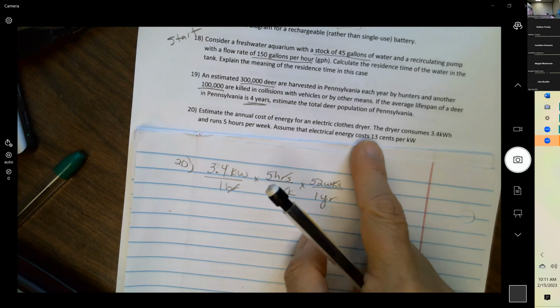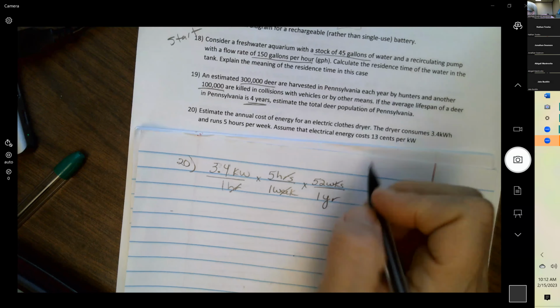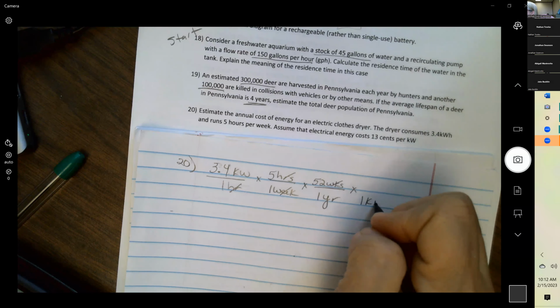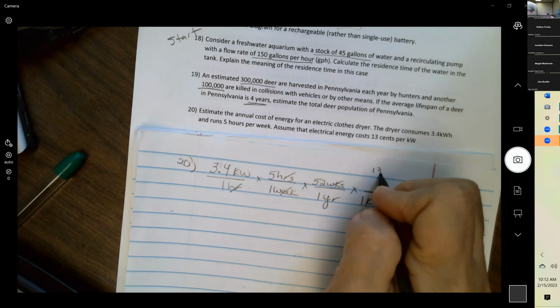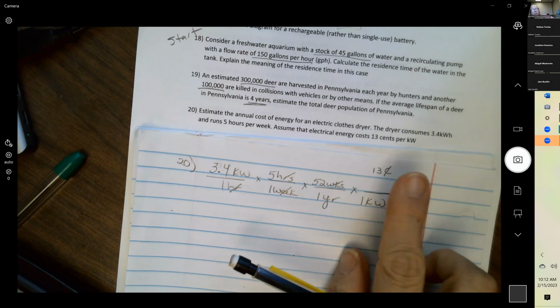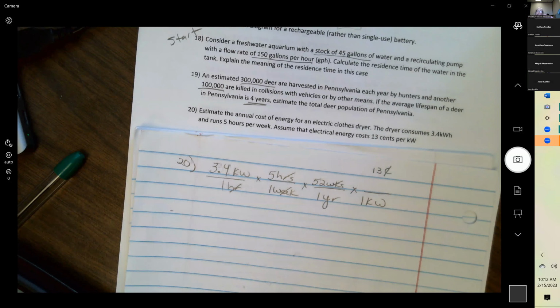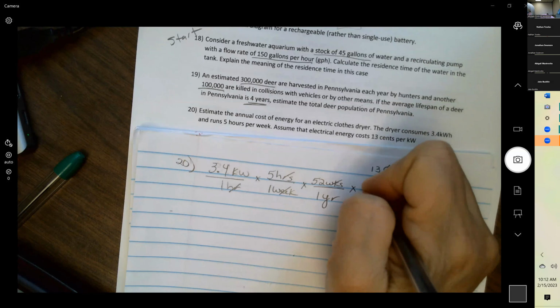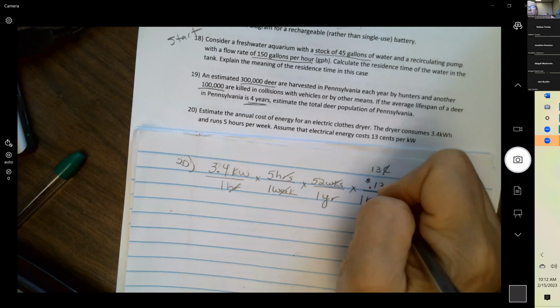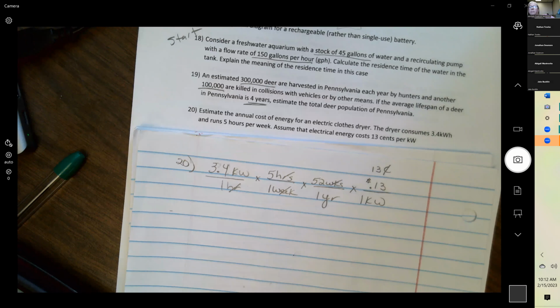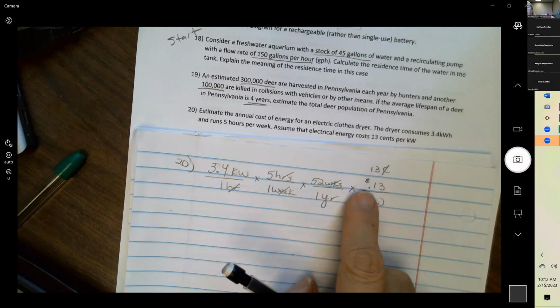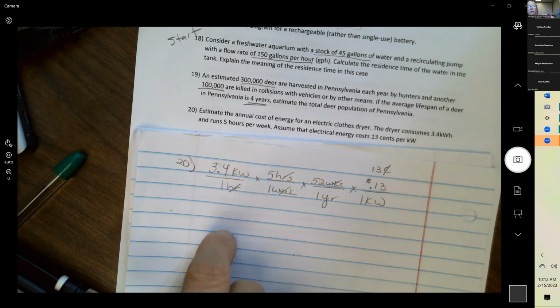I know 13 cents per kilowatt, so 1 kilowatt is 13 cents. Now, if you want, you could change that to dollars here, or you could change it at the end. Just remember, when you get your answer at the end, that's in cents, not dollars, or make it dollars right here. It's up to you. So if you just put 13 here, when you are done, you need to convert it to dollars because it's going to be more than just change.